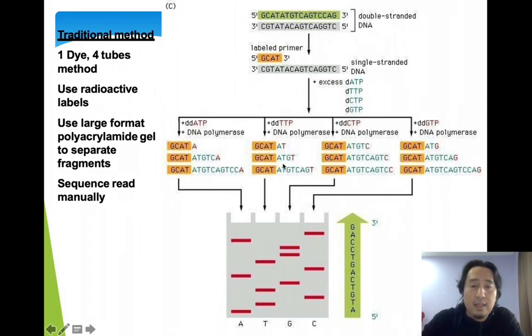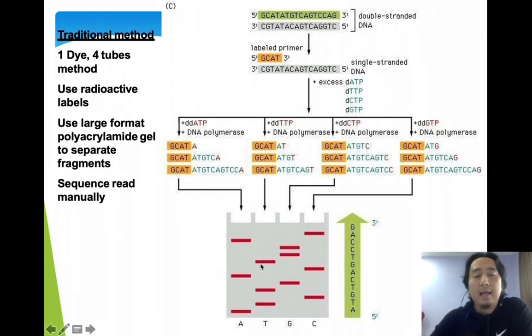If you look at each tube, they will appear as 3 bands. For test tube number 1, for example, this is the smallest one, the small size one, so it will be A, the middle one here, and the biggest size is this one. Same for the others, this is the medium one, and this is the longest one.